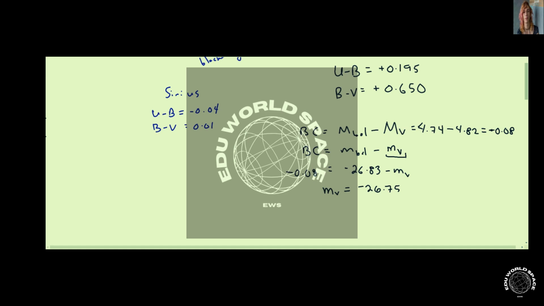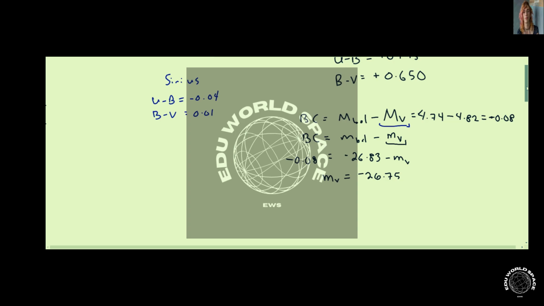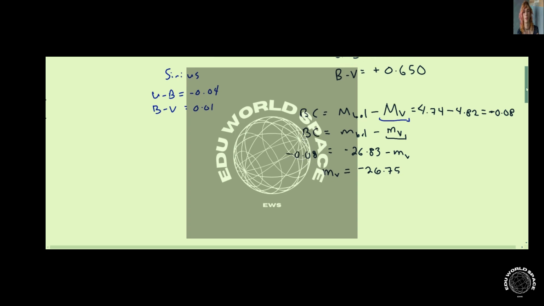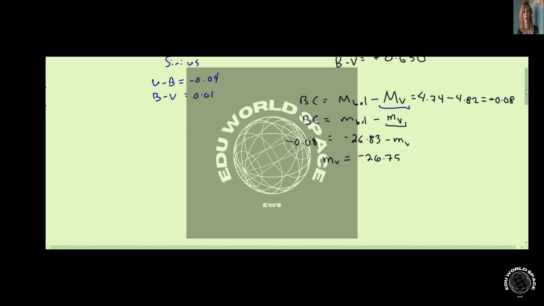Okay, but once we have M_V, we can actually find individual filter magnitudes if we wanted. So for example, remember, I'll write some things down: B minus V is equal to the magnitude seen through the blue filter minus the magnitude seen through the visual filter.